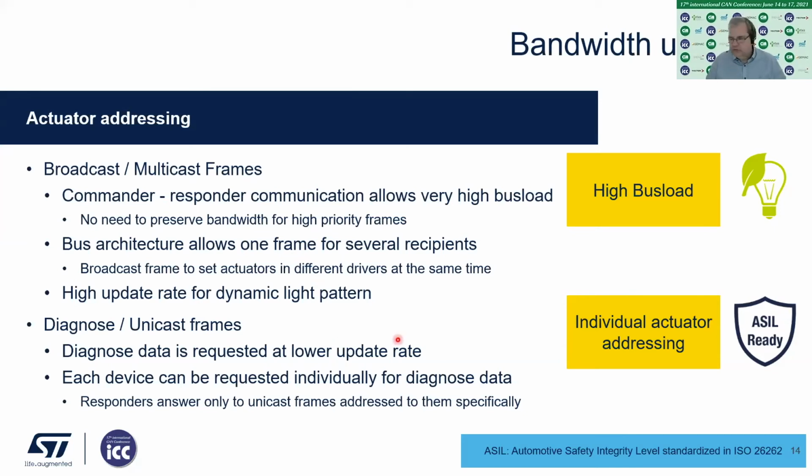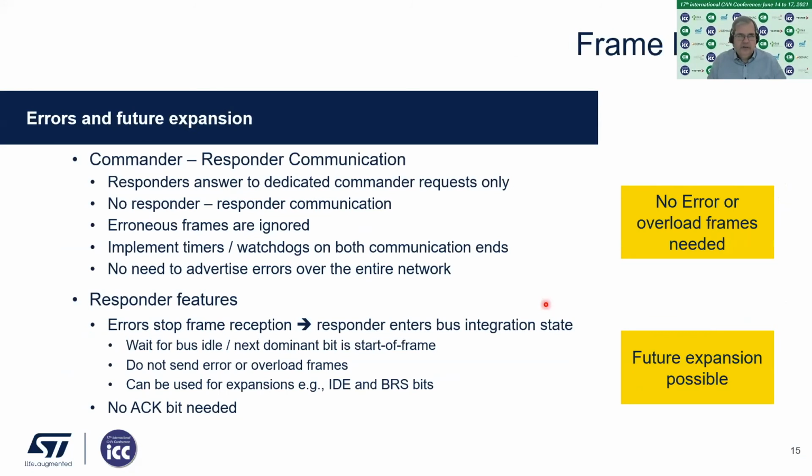For example, you want to check if there is a short at the output driver, if there's an over temperature and stuff like that. And you do not need to do that with every frame. With that, each device can be requested individually for diagnosis data. So the responders answer only to unicast frames addressed to them specifically.